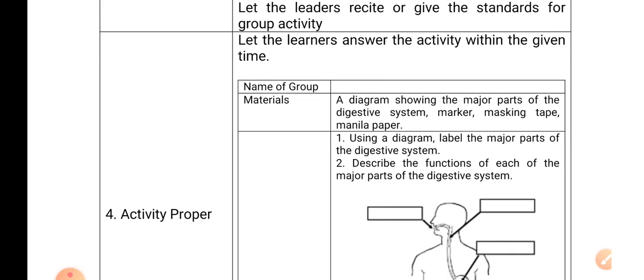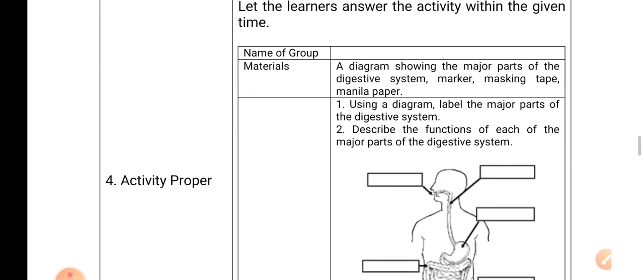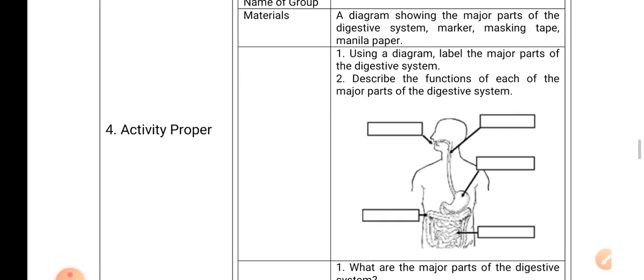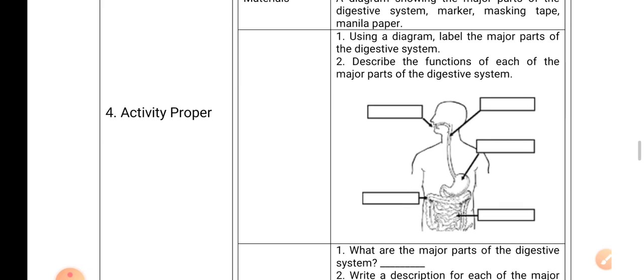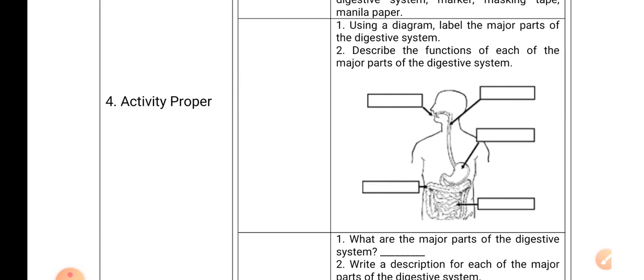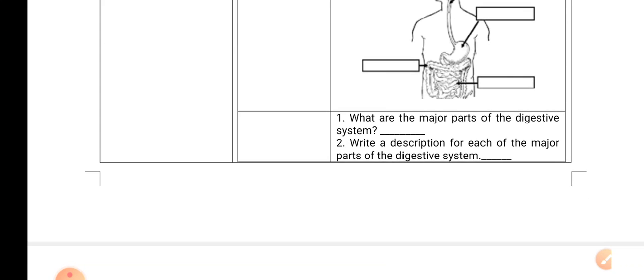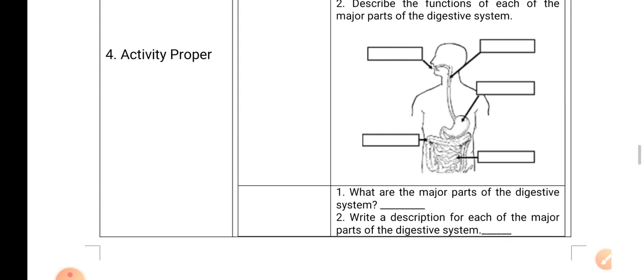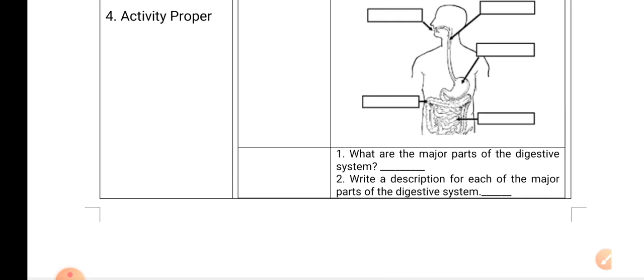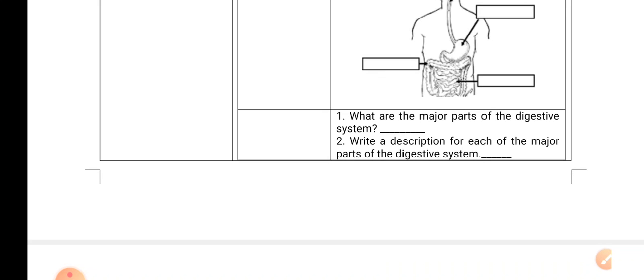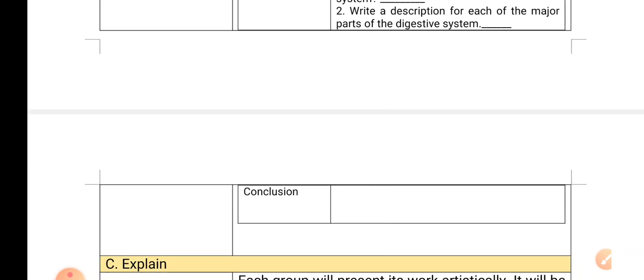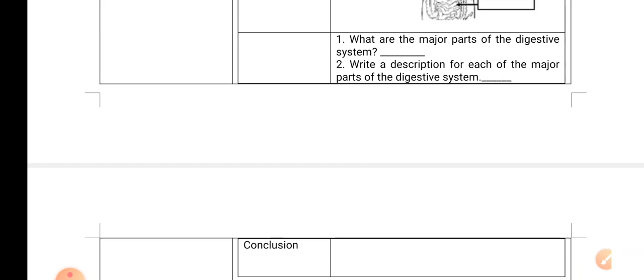So, let the learners answer the activity with a given time. So, this is a group worksheet. We have the name of the group, materials, instruction, and of course, don't forget this one, questions. Because later on, these questions will be answered in the explain part. And of course, their conclusion.